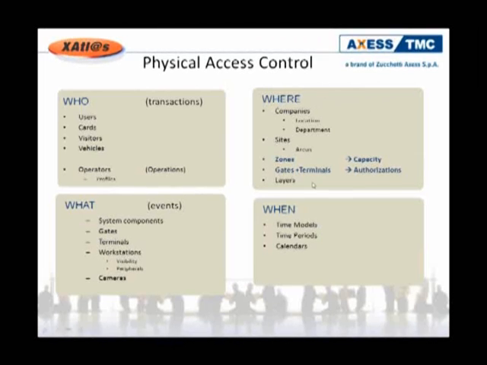About the where concept in XAtlas, we have many kinds of where. We can have companies, we have internal and external companies. For the companies, you can have locations and departments. You have sites, and under sites you have areas.